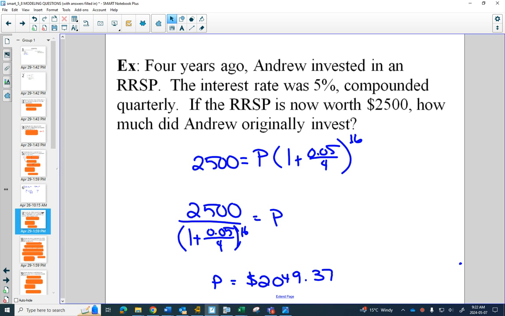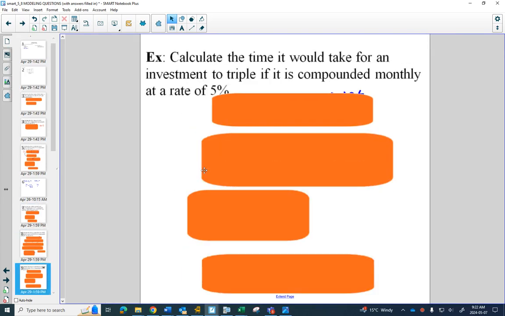I'm going to leave the next question for you to do on your own, and we're going to go to the one that is tripling. So just like doubling, it doesn't matter what number you use.